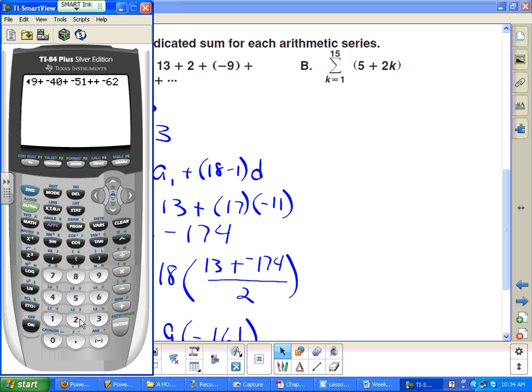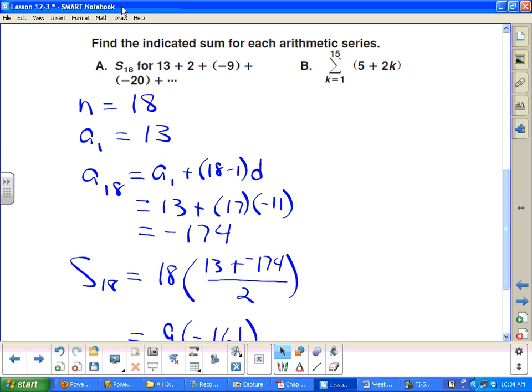Anyways, you understand the point, right? I could just add them all up. Find the 18 terms and add them all together. You could do that also, but I'd rather use the formula because it's faster.